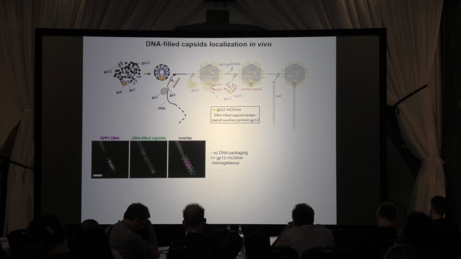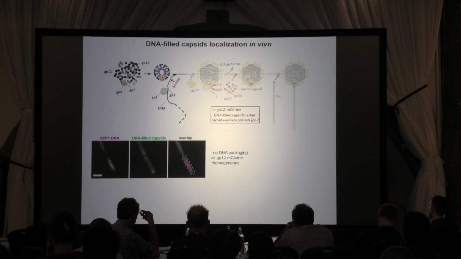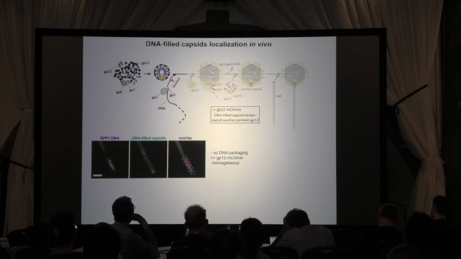You can see here the replication, the viral DNA compartment. The distribution of the GP12-M-citrine is rather homogeneous, because it is now free, as the capsids did not mature yet to the level at which the protein binds. And in the overlay, you see just what we would expect, green everywhere in the viral DNA compartment.